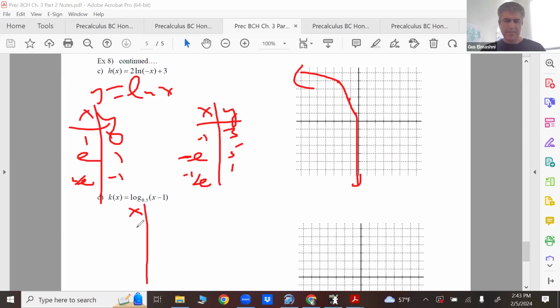Let's look at this one here. What if I plug in 2? What do I get? 0. Plug in 1.5, you get 1. If I plug in, say, 3, -1.